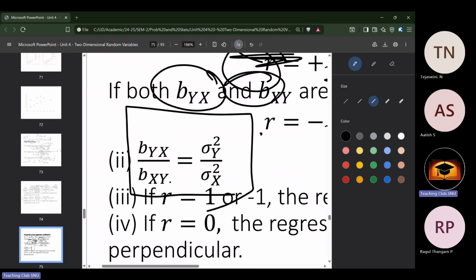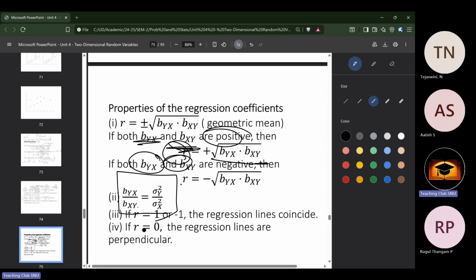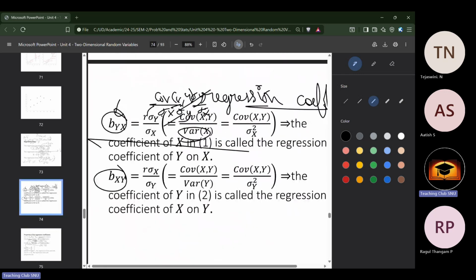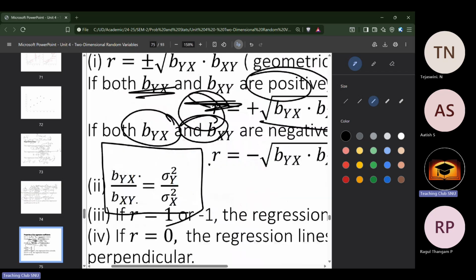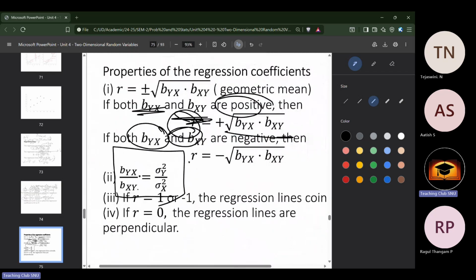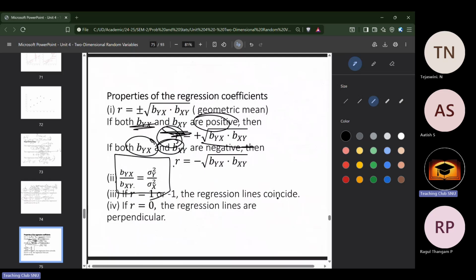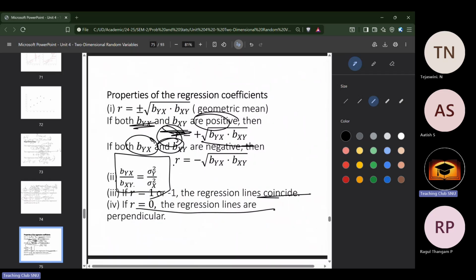You can very well see this from the previous thing which we did. If you try to divide both, the covariance will cancel off, and this will come up. So BYX by BXY will be nothing but sigma Y square by sigma X square. Okay, beautiful. So if R is equal to 1 or minus 1, the regression lines coincide. If R is equal to 0, the regression lines are perpendicular.